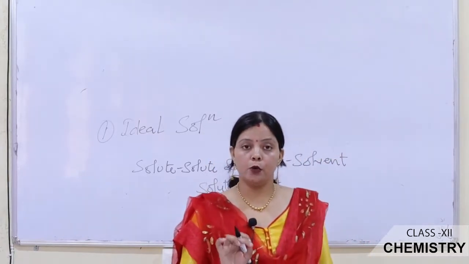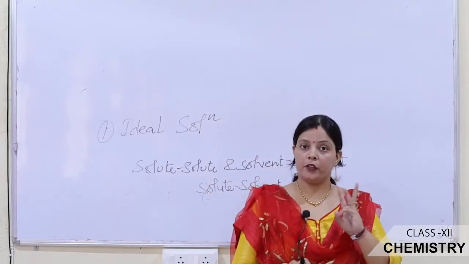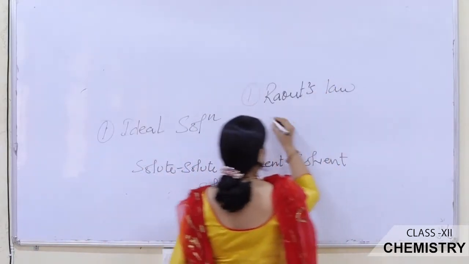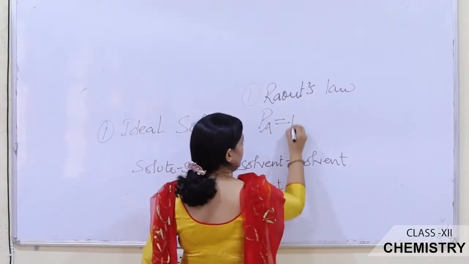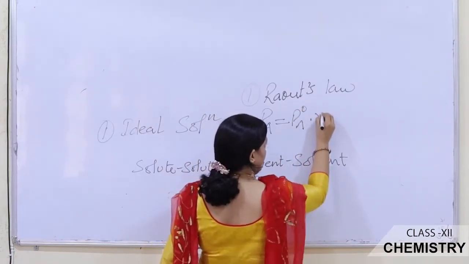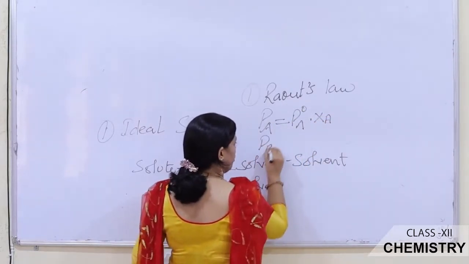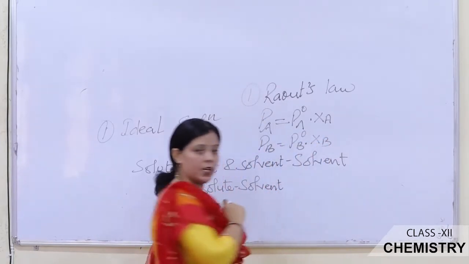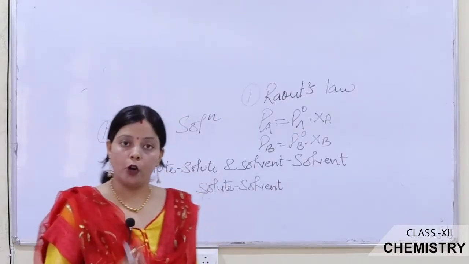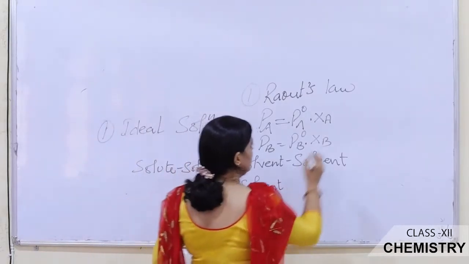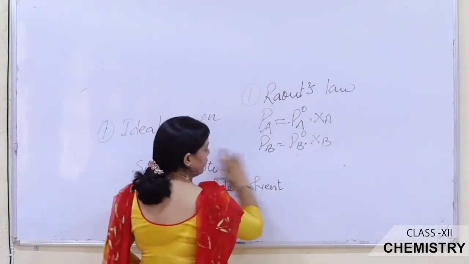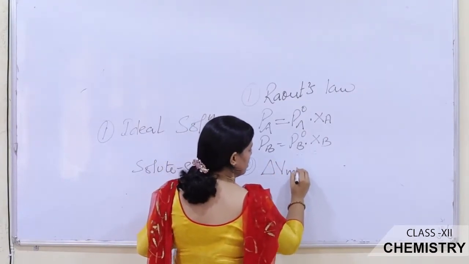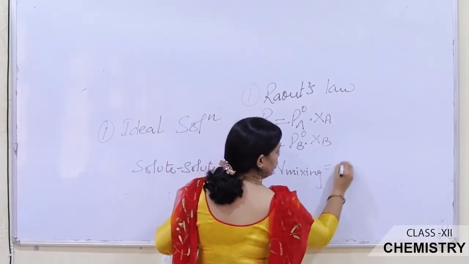So, ideal solutions are generally governed by three conditions. The first condition is that it obeys Raoult's law, that is PA is equal to PA naught XA and PB is equal to PB naught XB. The second condition is that delta V mixing is equal to 0.